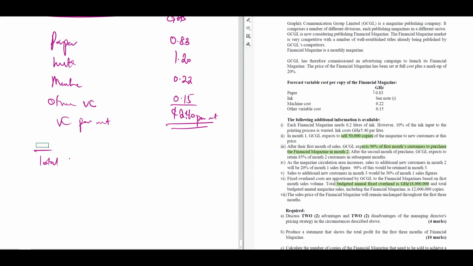But this is only for the financial magazine. The fixed overhead is for all the magazines in the organization. Look at it carefully. But we only need the financial magazine. How many months of this is the financial magazines? That means we need to get a number of units before we can find the selling price.